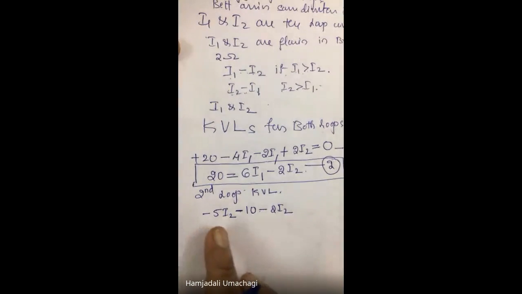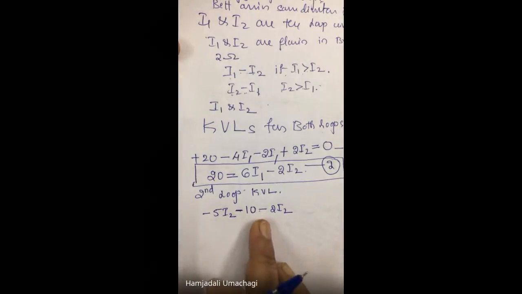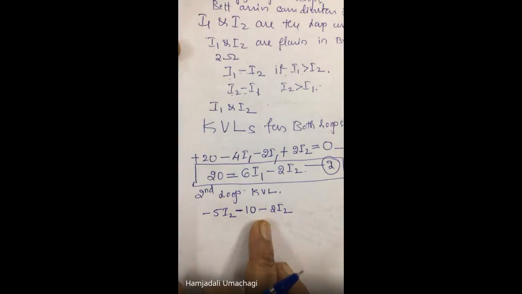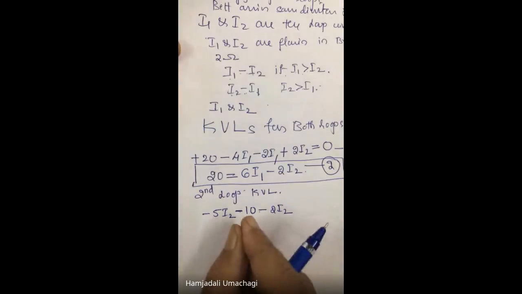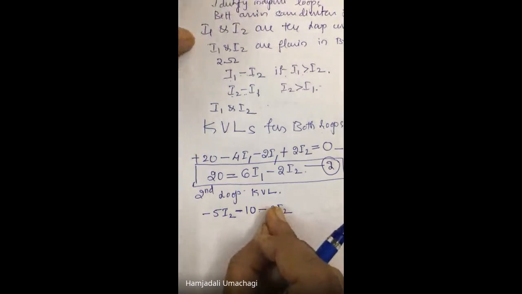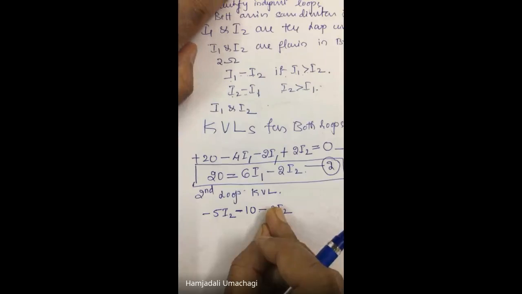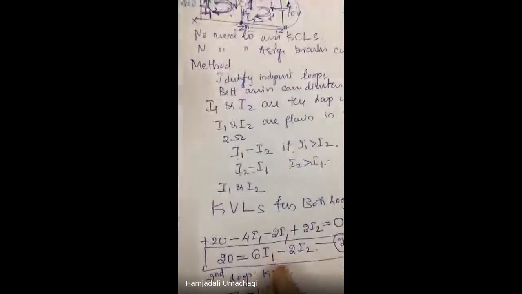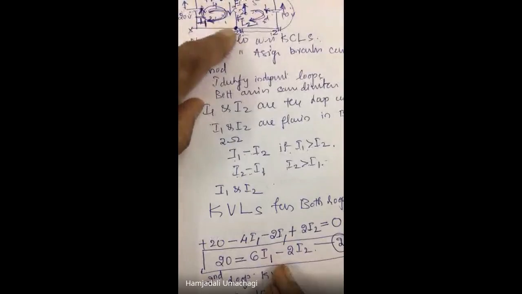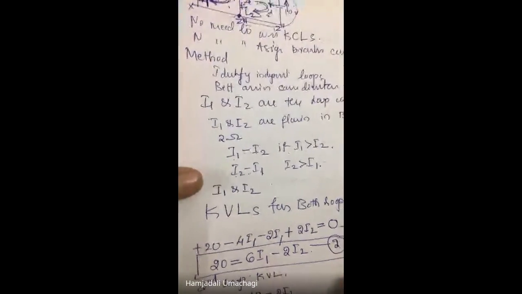See here, the equation is not yet over. One more component is there that indicates the impact of the first loop current in the 2 ohm resistor. Then how to consider that one?